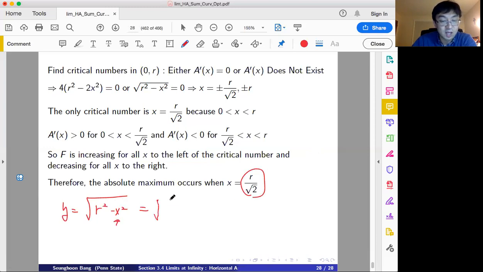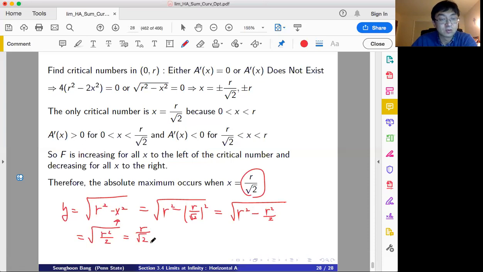So we have the square root of r squared minus r over square root of 2 squared, which is r squared over 2. You can simplify: this is the square root of r squared over 2. The square root of r squared is r, and the bottom is square root of 2. The y is also r over root 2.